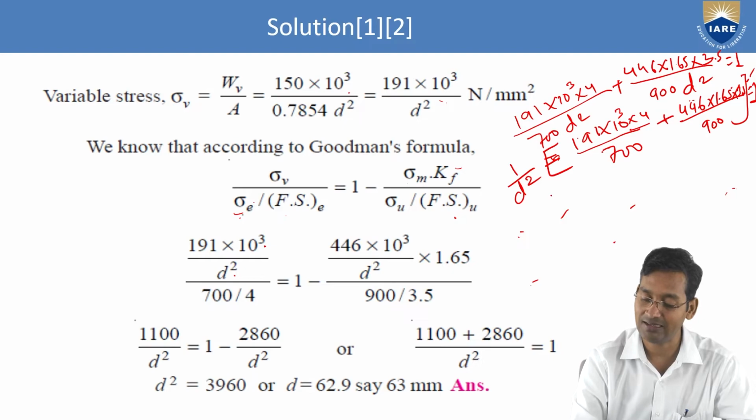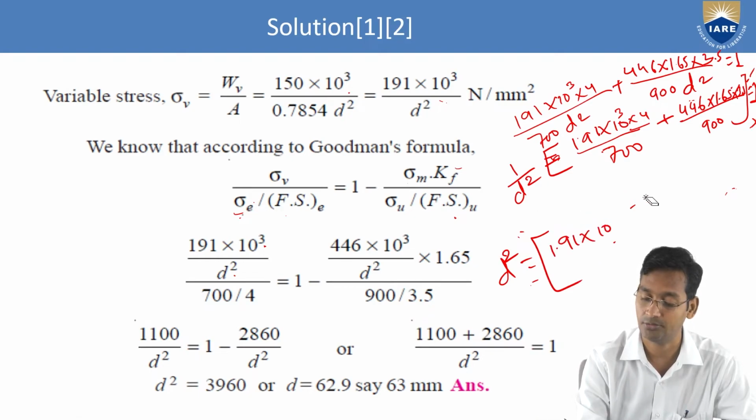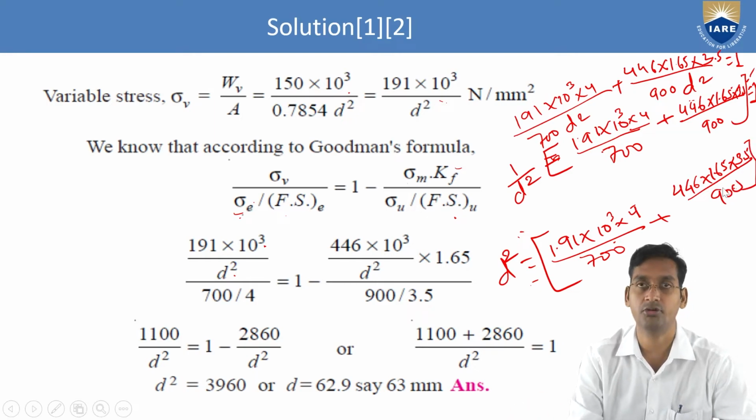So you can take d square directly to this side. So this will be d square equal to 191 into 10 to the power 3 into 4 divided by 700 plus 446 into 1.65 into 3.5 by 900. So this will be your d square value.